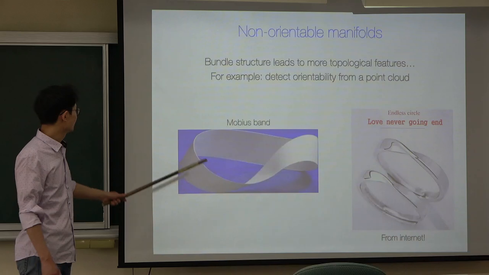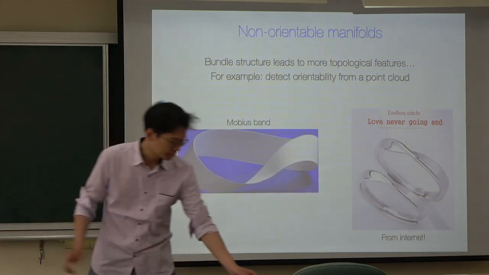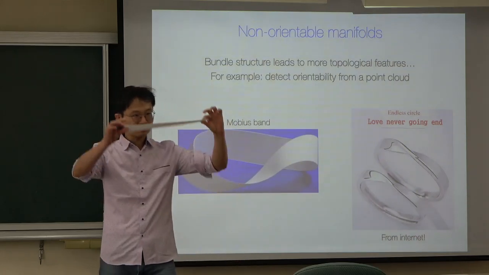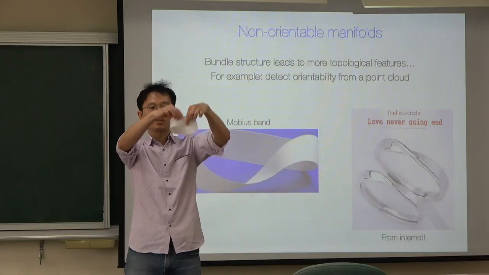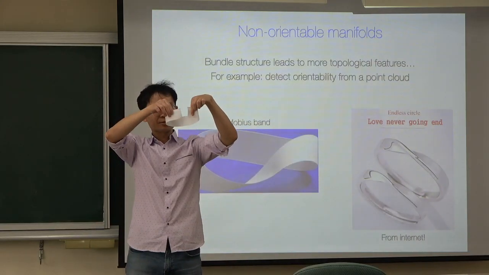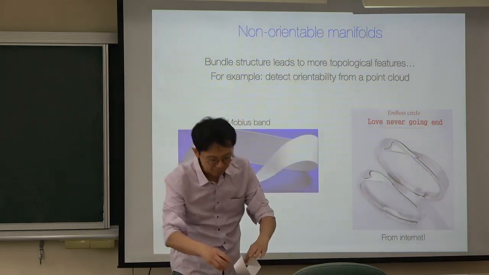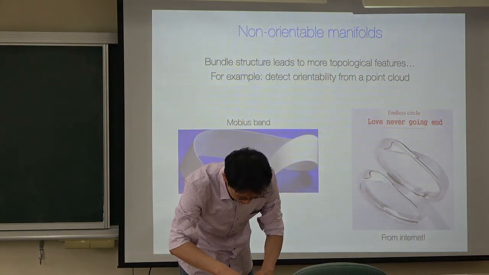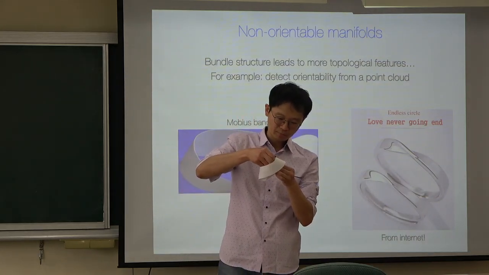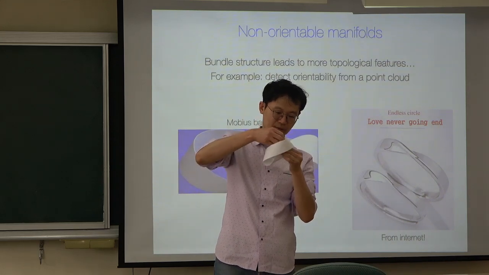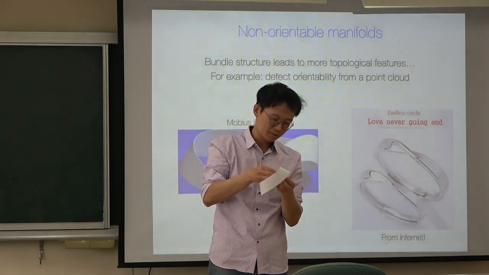Examples include the Mobius band, which you all know, and this is a piece of paper. If you wrap it, this is a cylinder, but when you wrap it, you just flip, and then after the flip, I tape it.